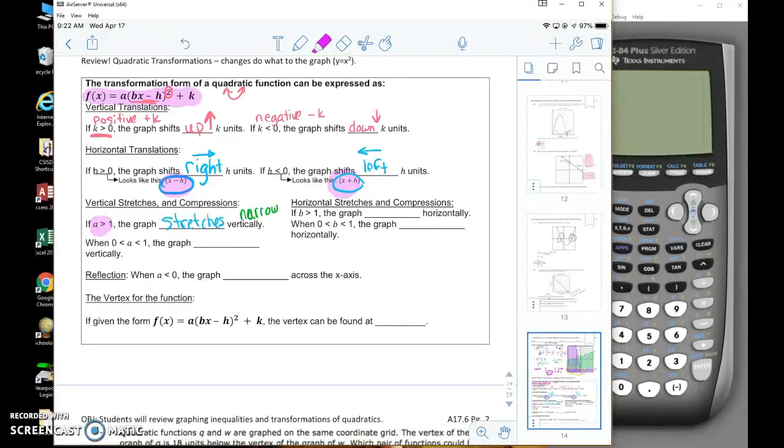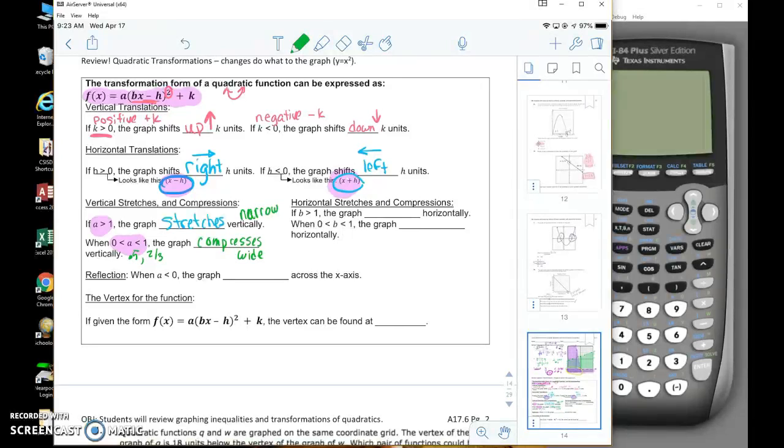If that a value is between 0 and 1, so something like 0.5 or 2/3, then the graph compresses vertically. So this is like if we take our parabola and we squish it from the top and squish it from the bottom, it gets really wide. So a vertical compression causes the graph to get wide.